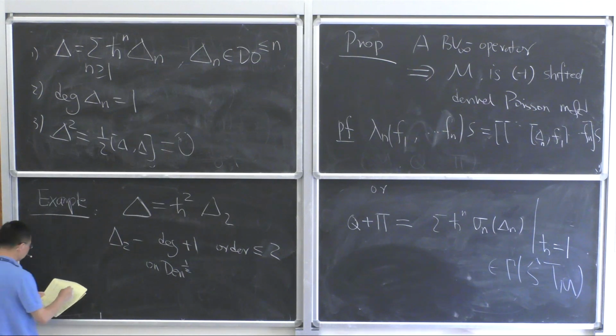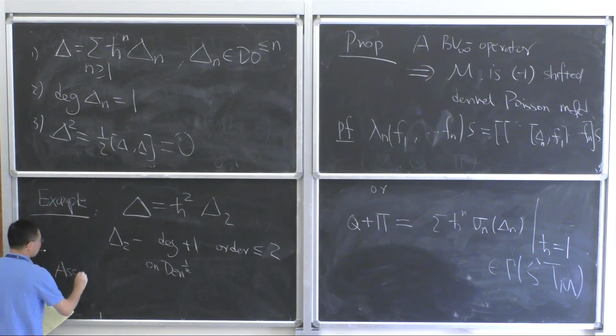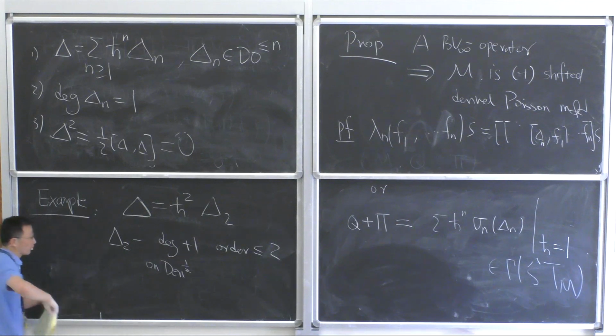So assume I have, which is just pick up a nowhere vanishing section, because this is a line bundle, always you can have a global section.